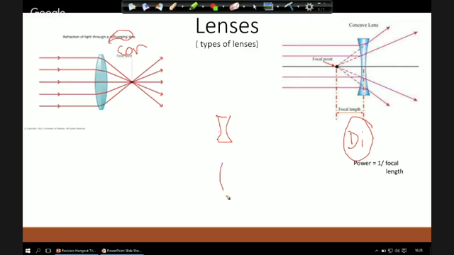And we have convex lenses, which are going to bring the rays together. So we've got rays coming from the distance, which should be parallel to each other. Let's draw that one again. This one here is going to bring the rays together. This one here, oh, silly me. That one is going to put the rays apart.